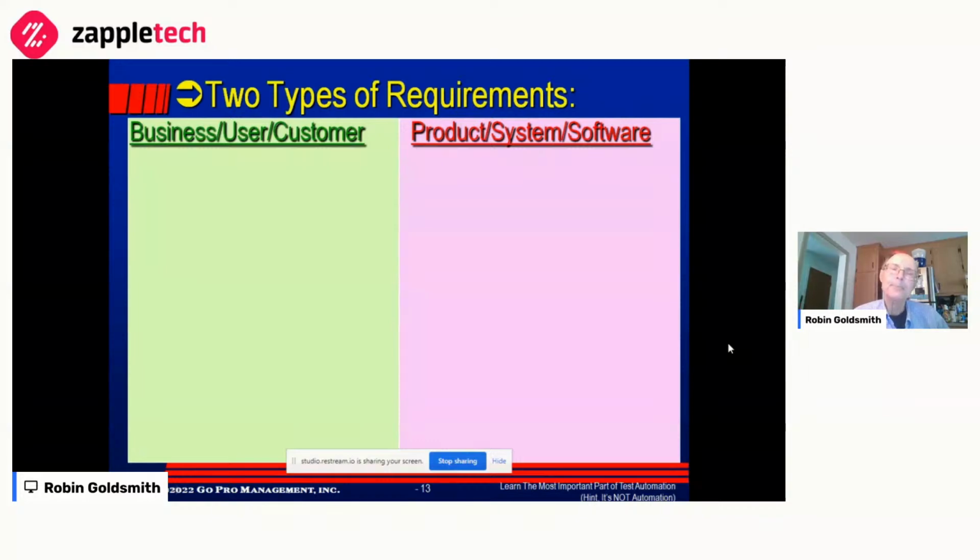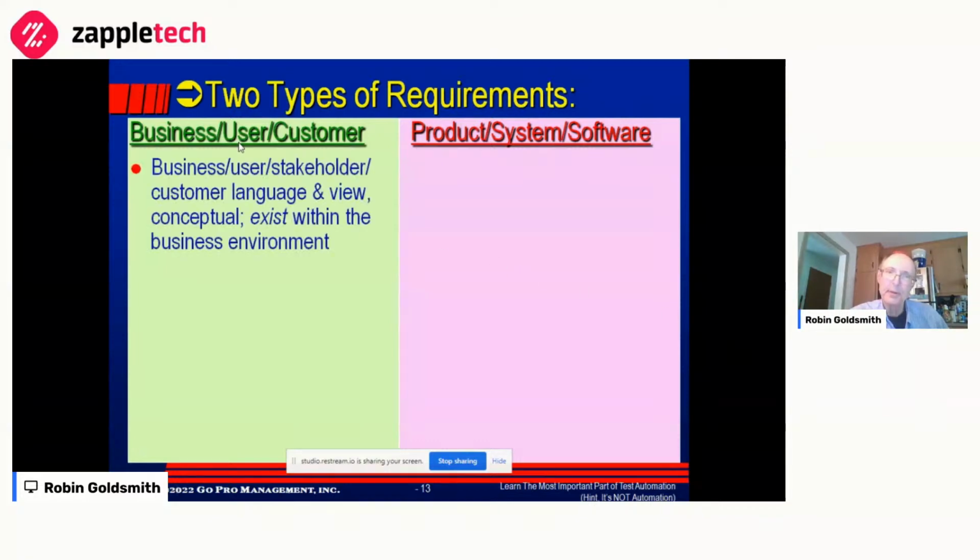Now, just to elaborate, I'm sure many people use the term requirements in a variety of ways. I use two types of requirements. To my thinking, there are only two types of requirements that are important. On the left, what I call real business or user or customer or stakeholder requirements. These are from the perspective of and in the language of the business, the user, the stakeholder, the customer.